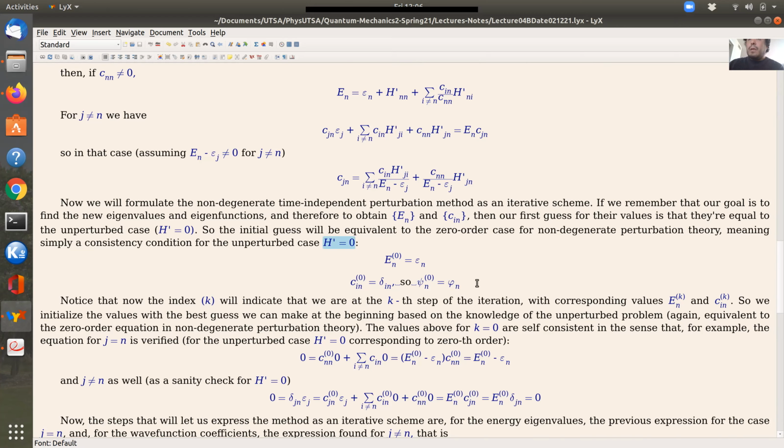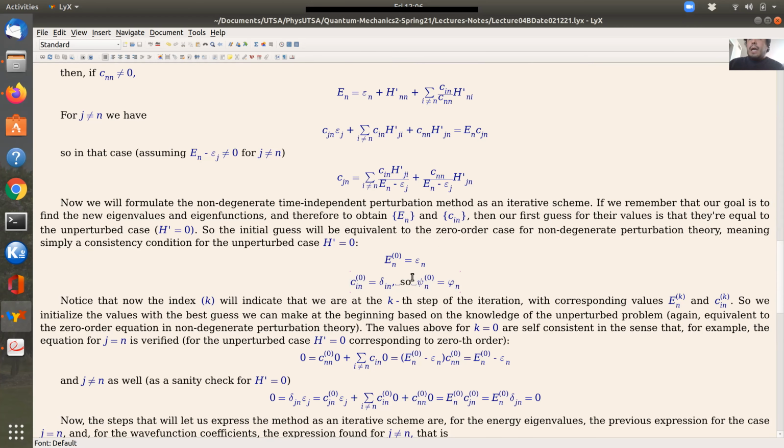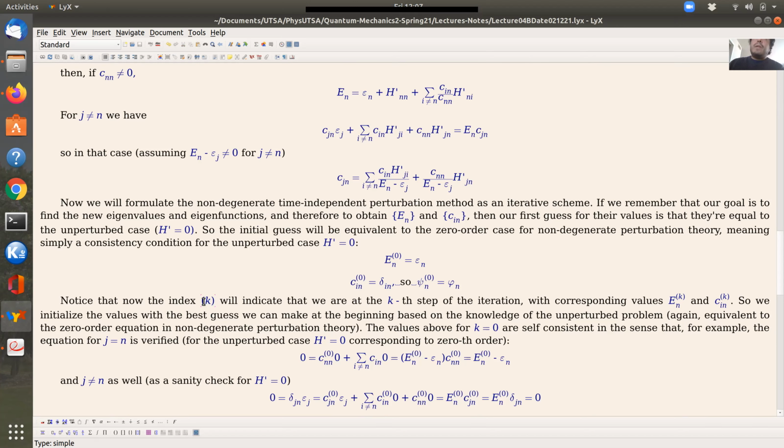So this is our initial guess, which is good on physical grounds. I have introduced a notation with a subscript under parentheses, where k indicates the kth step of the iteration. We're going to match it later on with the order of the perturbation, but at this point, I'm just describing an algorithm. At order 0 in the iteration, this is just the initial guess.